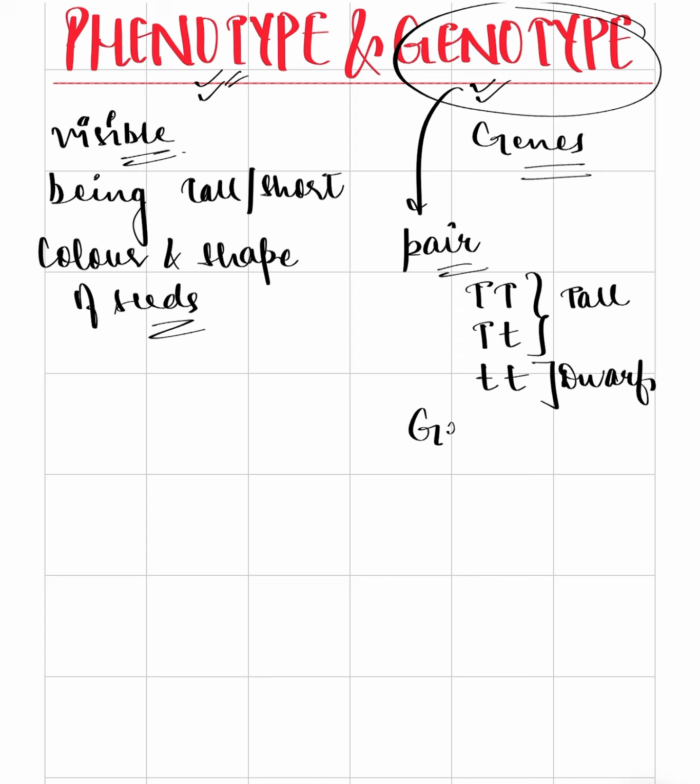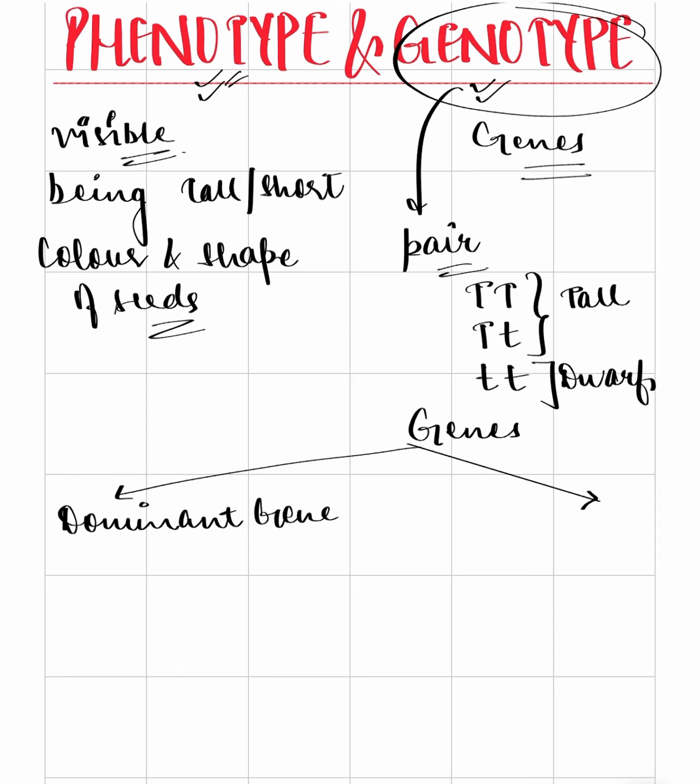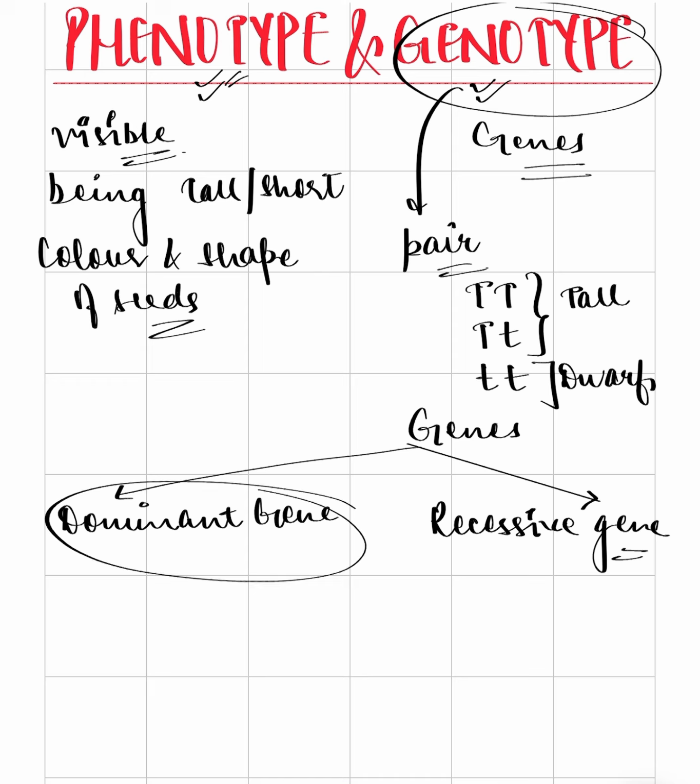The genes we are talking about in genotype, they are of two types. The first one is the dominant gene and the second is recessive gene. The dominant gene is the gene which can express itself even in the presence of an alternative gene.